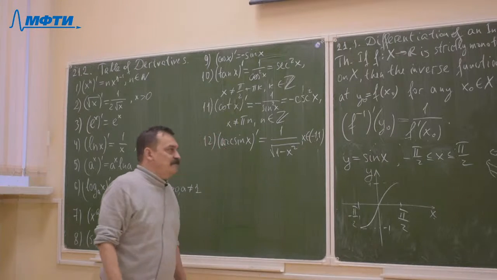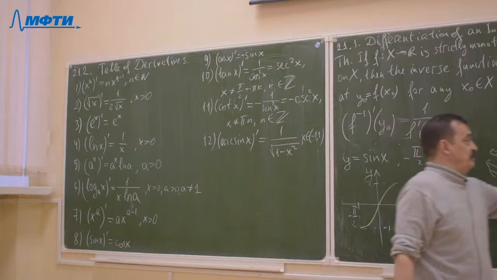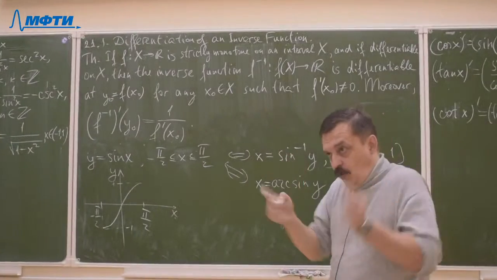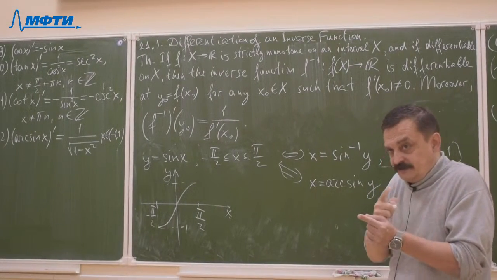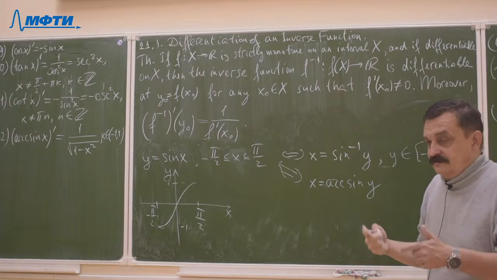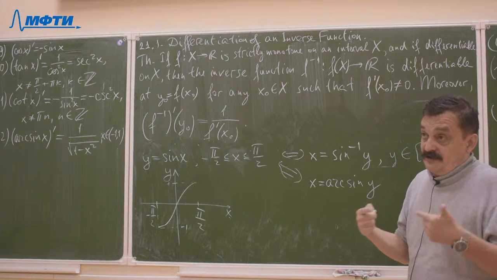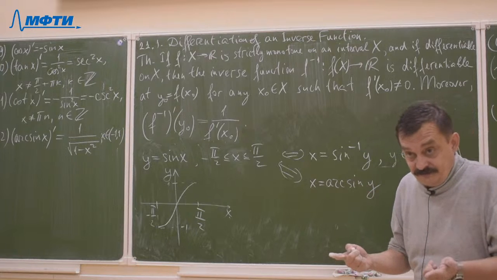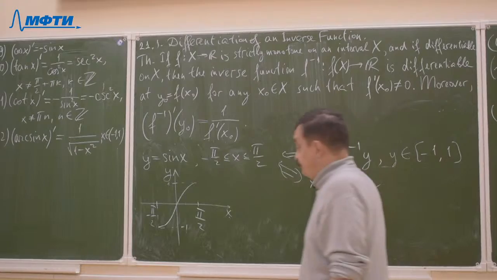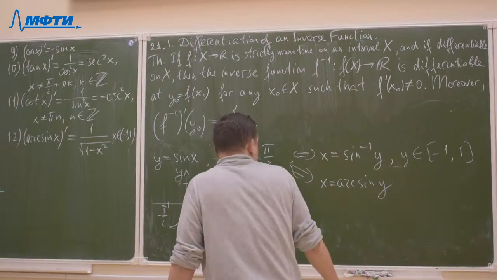Arcsine is defined on the segment, but it's differentiable only on an open interval. It is not differentiable at the ends. Okay, so how do we proceed?